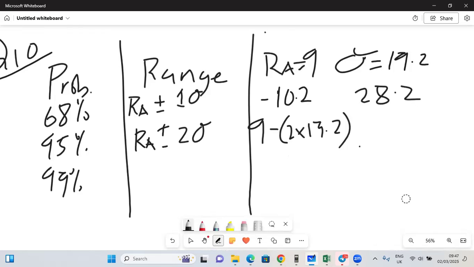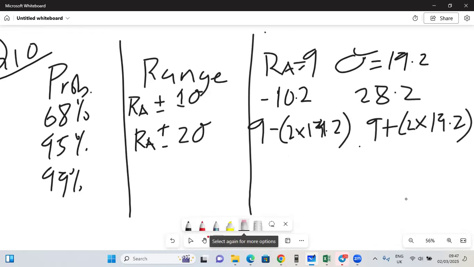Left hand side is going to subtract 2 standard deviation away. Right hand side is going to be 9 plus 2 times standard deviation. It's so simple. Now, let me put the actual answer.